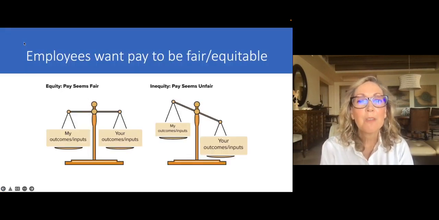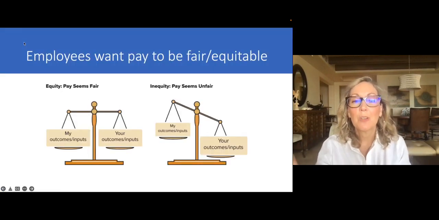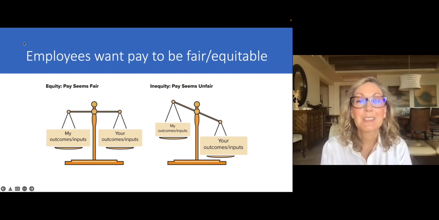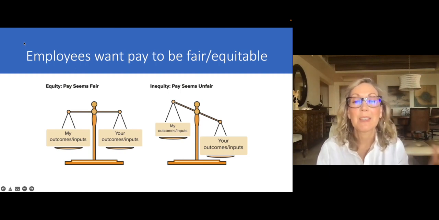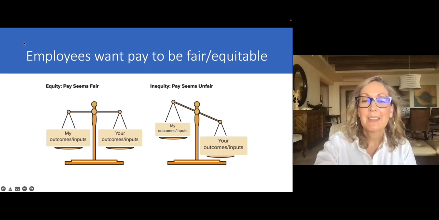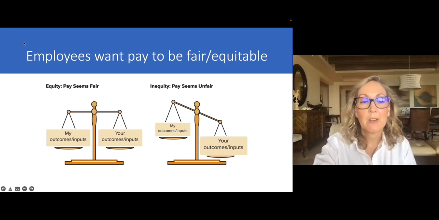At the heart of it all, we want our little scale that we use to balance how we're being paid versus what we are putting in to seem equal. And when it seems like I am not getting as much out as I'm putting in, that seems unfair.